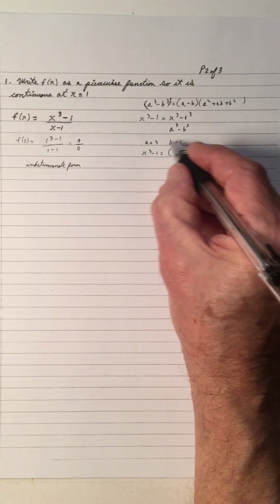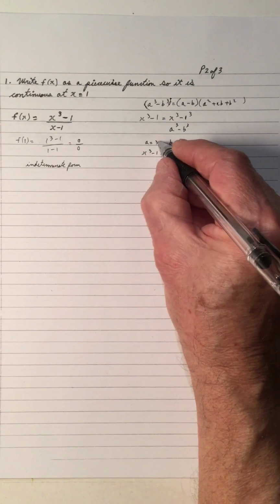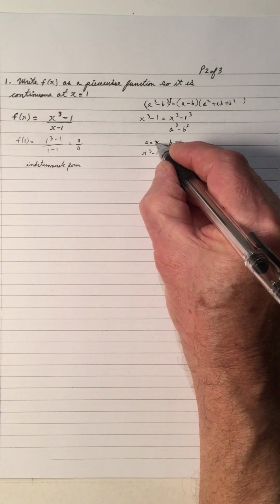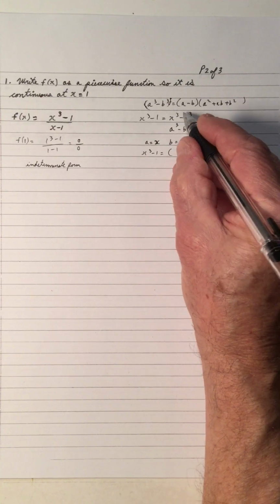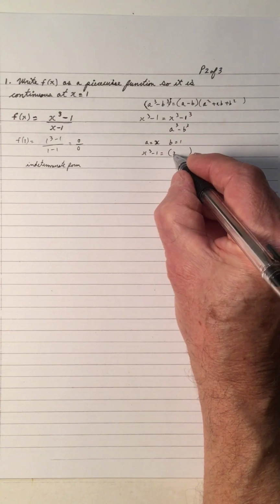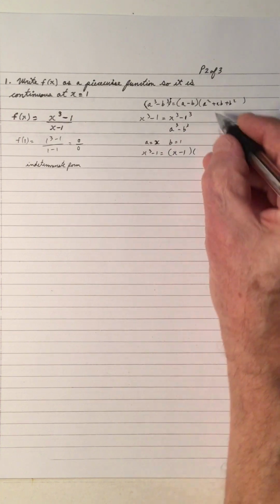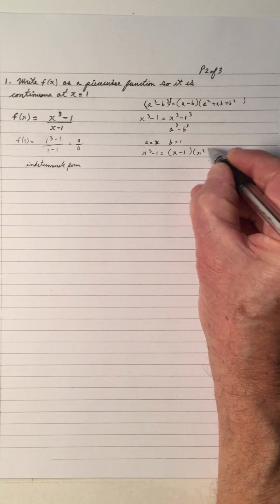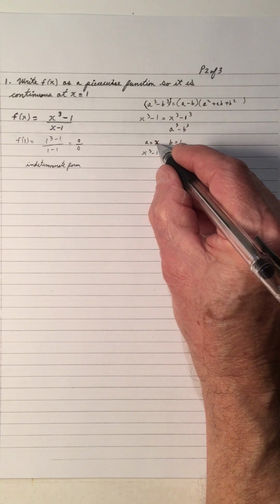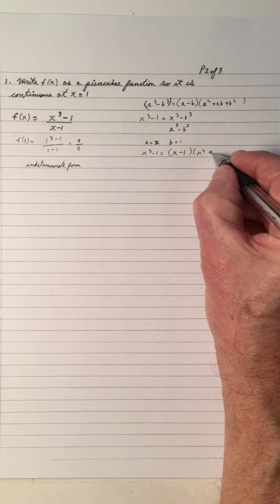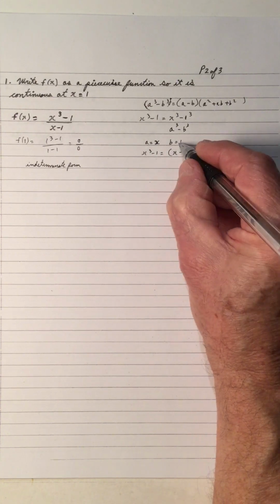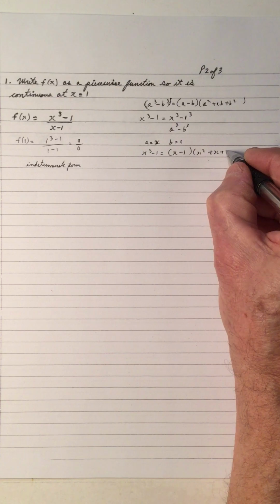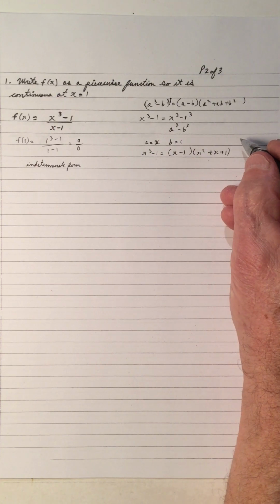So x cubed minus 1 cubed is the same as: a minus b is x minus 1, a squared is x squared, a times b is x, and b squared is 1. That's the factorization.